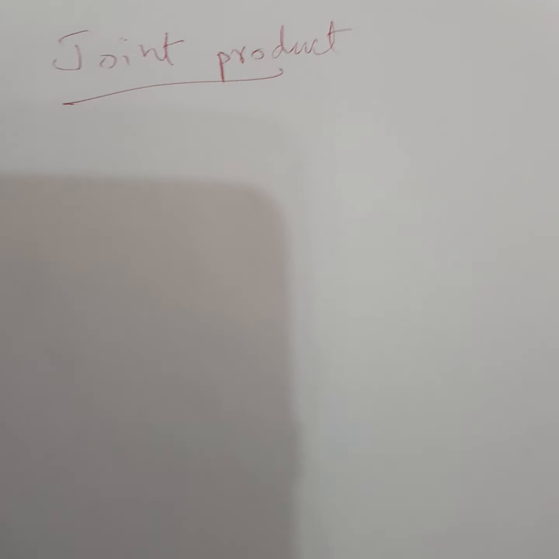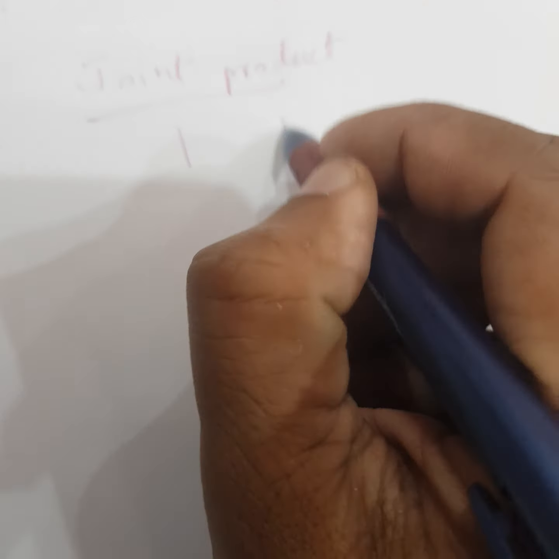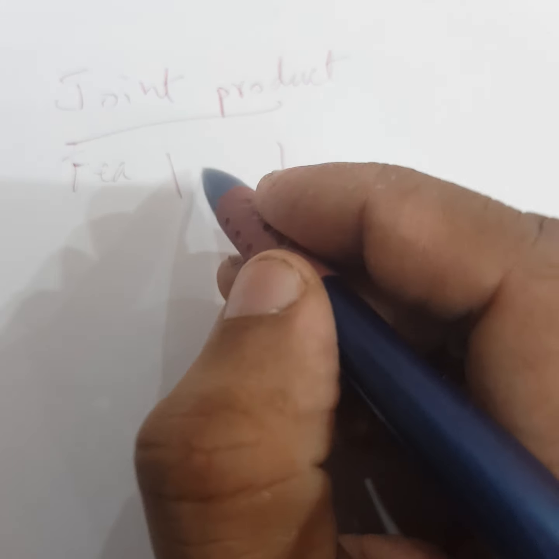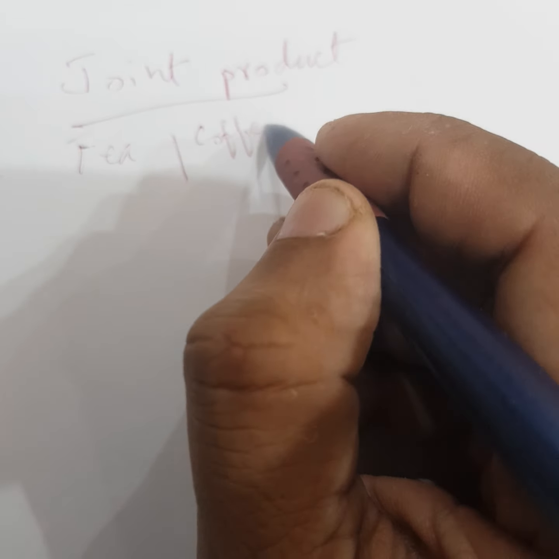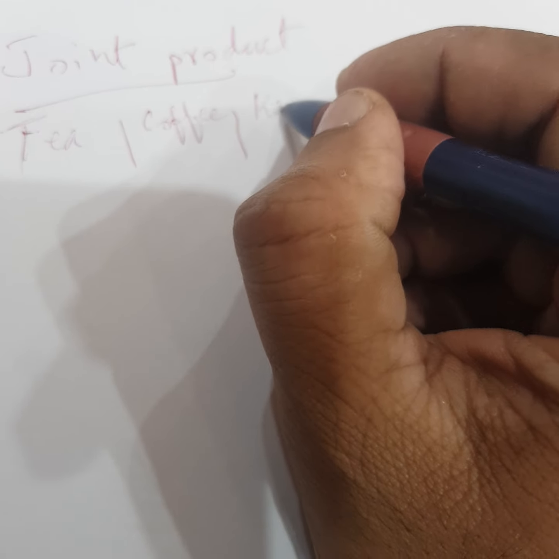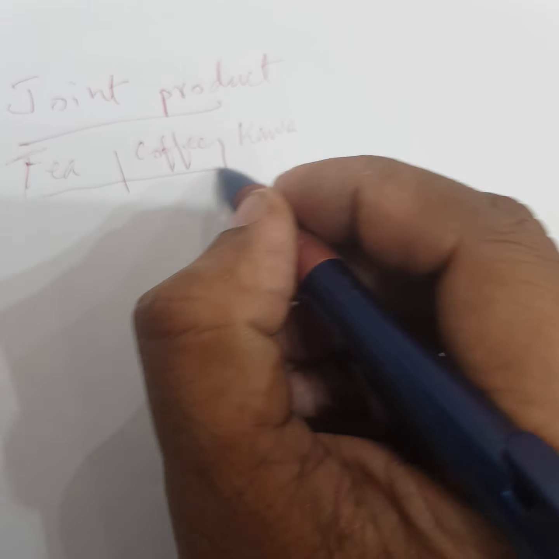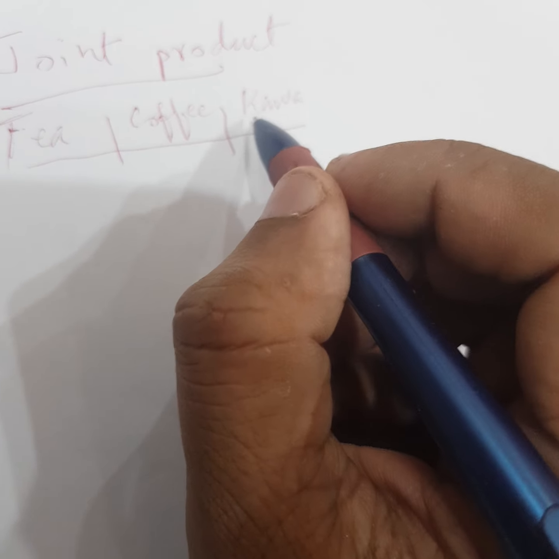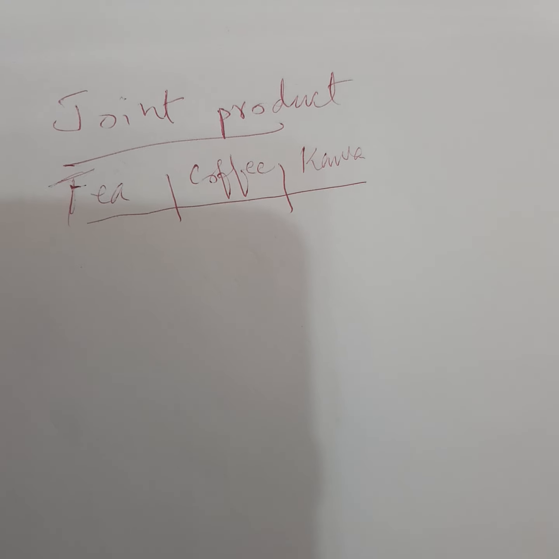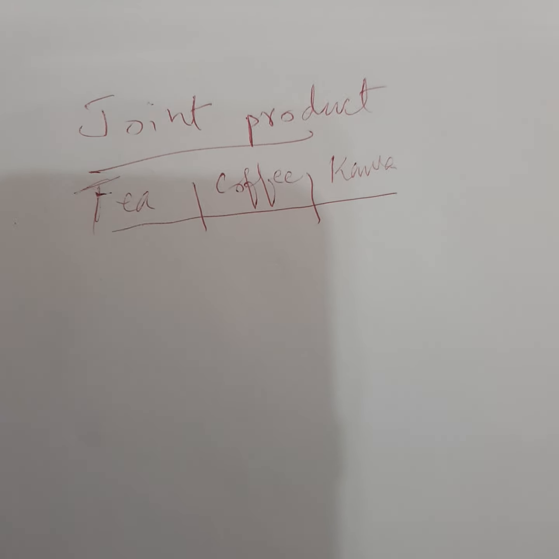How can we say it? Like the tea, coffee, and kava. These are the joint products that can be produced by common inputs. As you all know, there is a little difference.